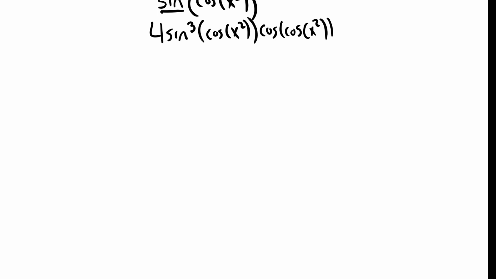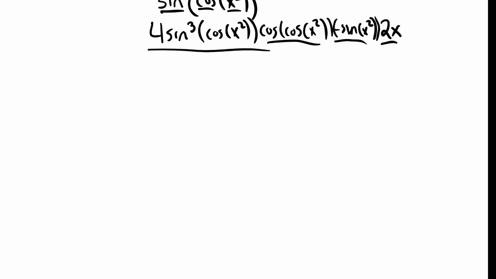Then the derivative of cosine is negative sine of x squared. And then my third chain is the derivative of x squared, which is 2x. So original function, chain 1, chain 2, chain 3. And that's 3 chains. Look how simple this thing was, and look at how awful its derivative is. Welcome to calculus.